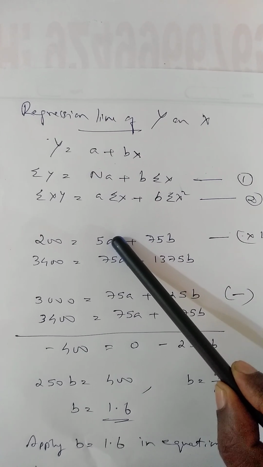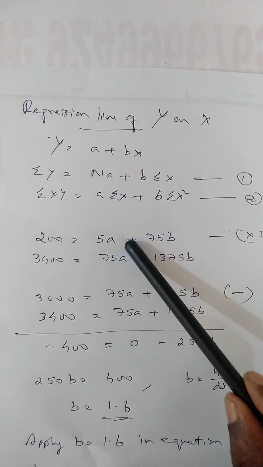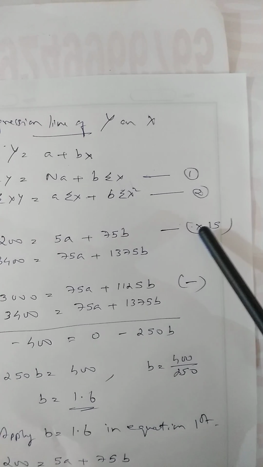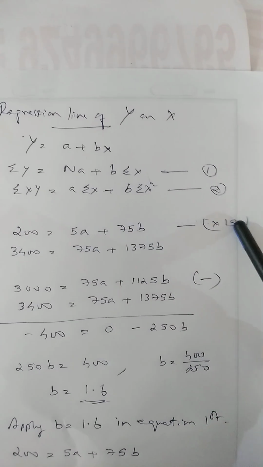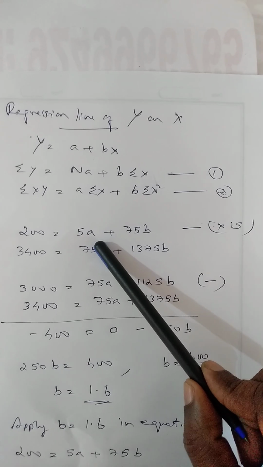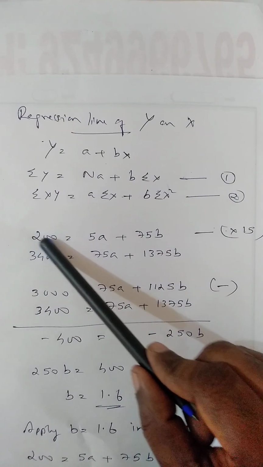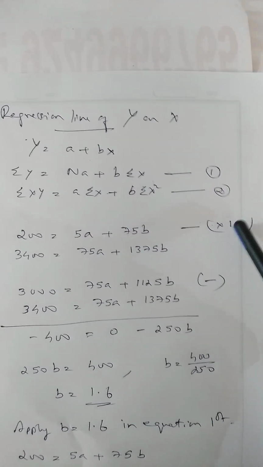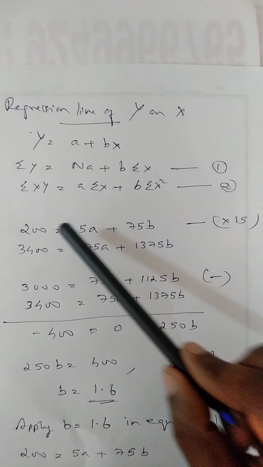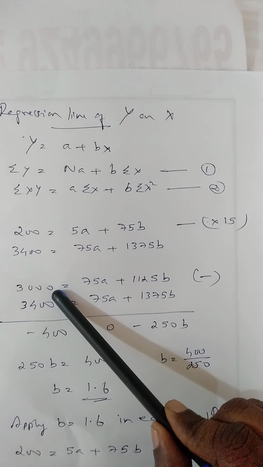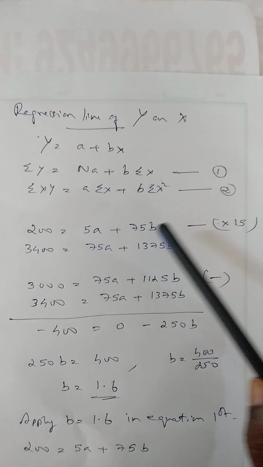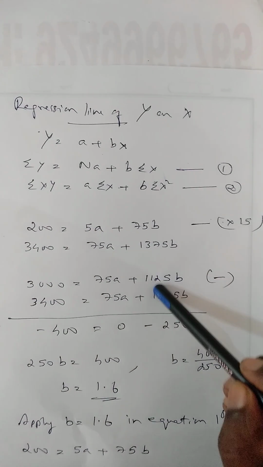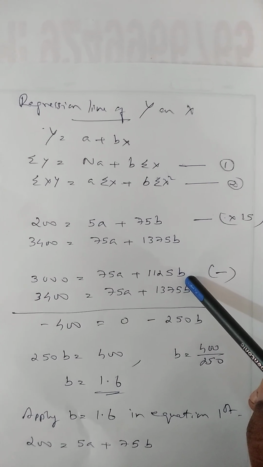In order to convert 5a into 75a, we have to multiply it by 15. If you multiply this 5 by 15, it becomes 75. So we have to multiply the whole equation by 15. 15 into 200 is 3000. 15 into 5a, 75a. 15 into 75b, 1125b.